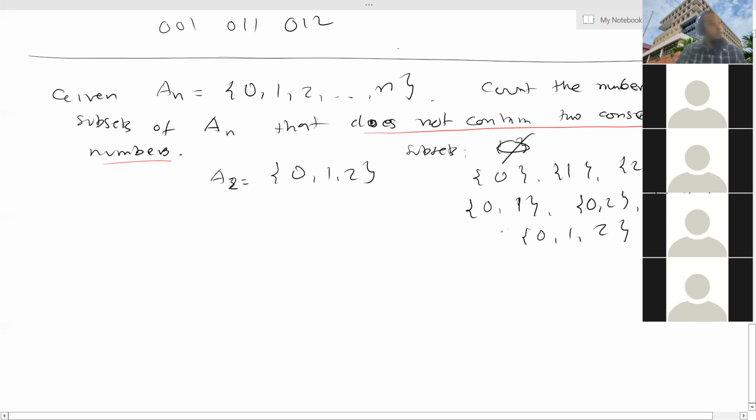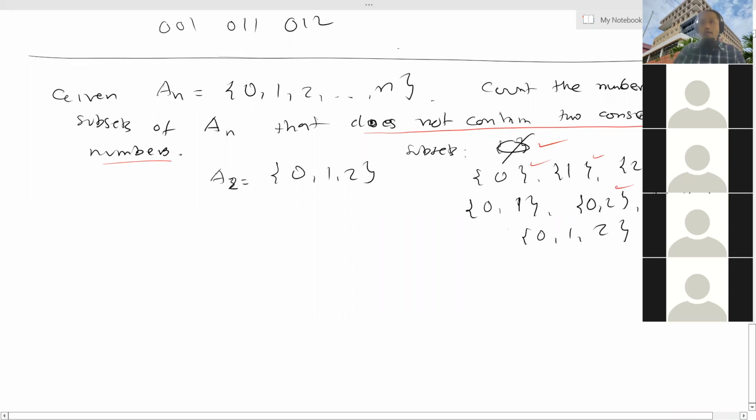Any guess? Which subsets of A2 do not contain two consecutive numbers? The empty set, {0}, yes, {1}, {2}, and {0, 2}. Yes, very good.